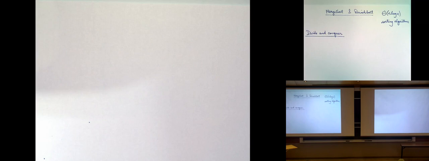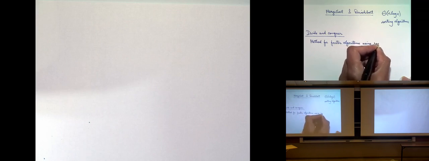So you'll learn a lot more about divide and conquer in 102, but I just want to give you the basic paradigm for divide and conquer. It's a method for faster algorithms using recursion.